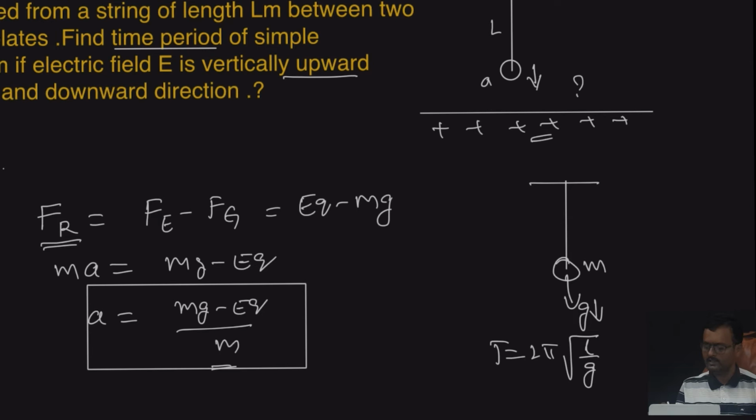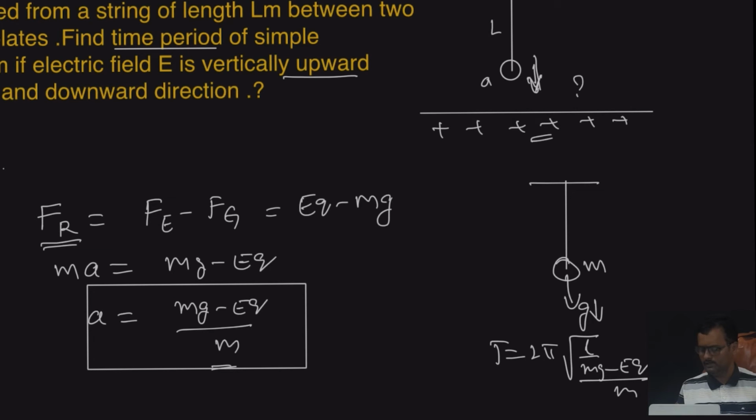But now the acceleration is in the downward direction and it is (mg minus EQ) by m. So what is in place of g here? We get (mg minus EQ) by m.